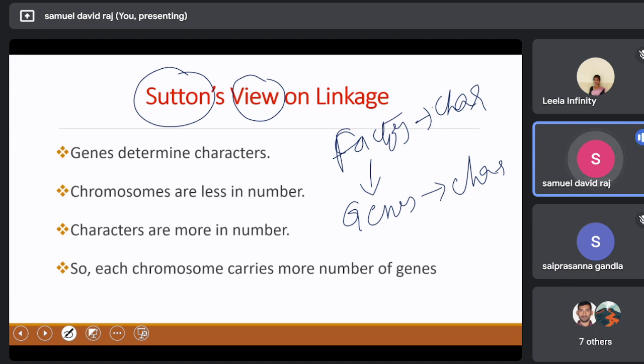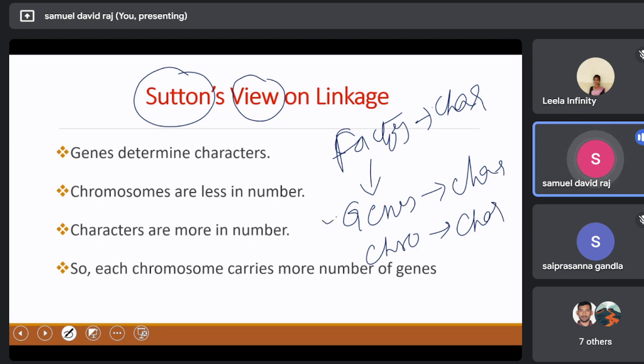But the phenomenon of fertilization, when observed under a microscope, they have seen that only the nucleus from sperm is transferred to the ovum during fertilization. The nucleus is carrying chromosomes and the ovum is also carrying chromosomes. That means for them, chromosomes carry characters.